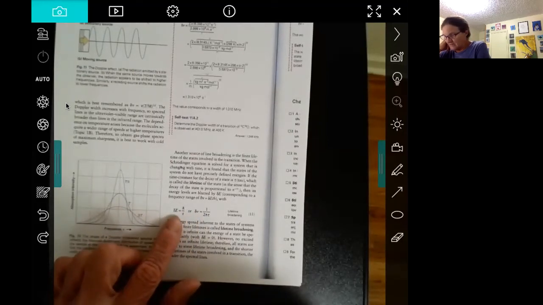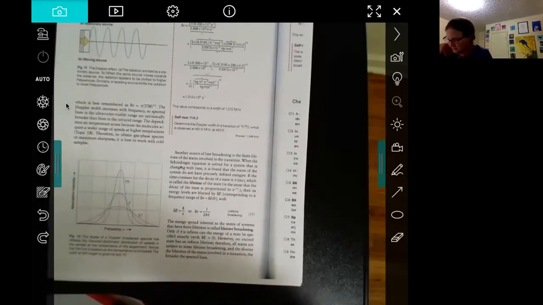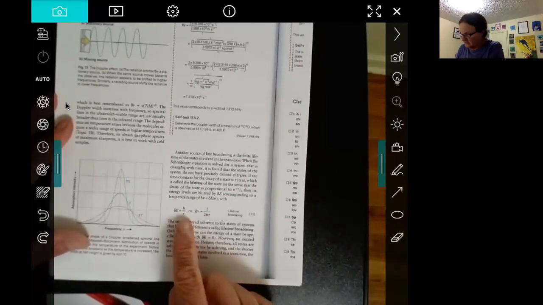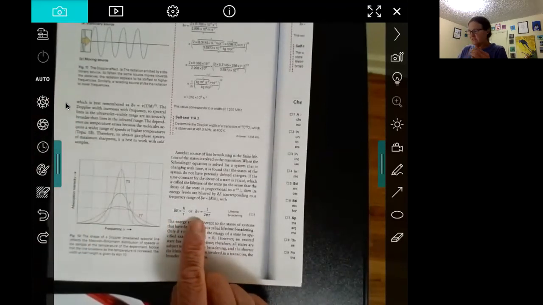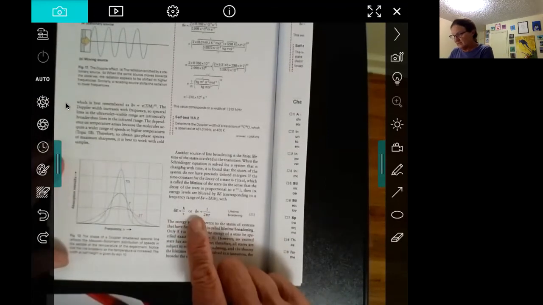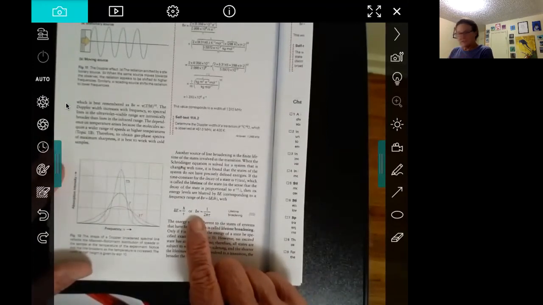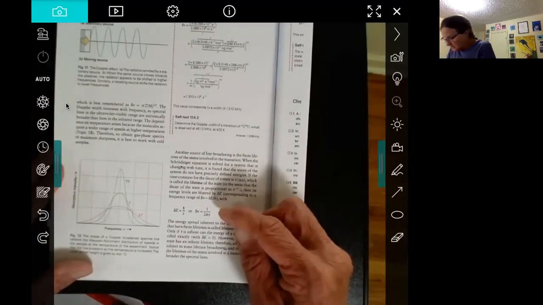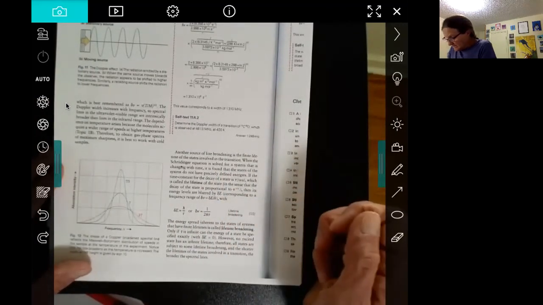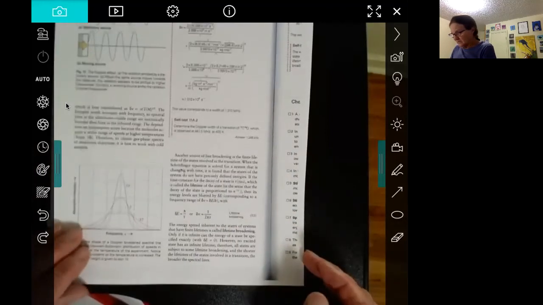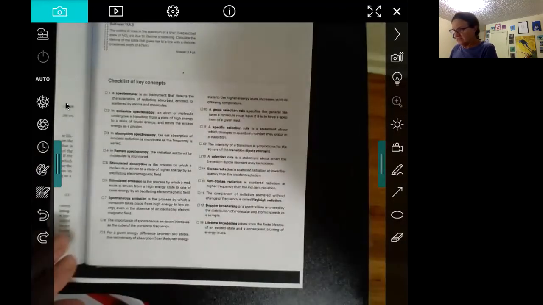It's like Heisenberg's uncertainty principle, which says the uncertainty in energy is related to the lifetime of the state. Because of that, if the energy has an uncertainty, that means the frequency at which it will be emitted has an uncertainty. So the broadening of the frequency range that will be absorbed or emitted, because of the lifetime of the excited state, is equal to 1/2 pi times the lifetime of the state. So it depends on how long that state exists.